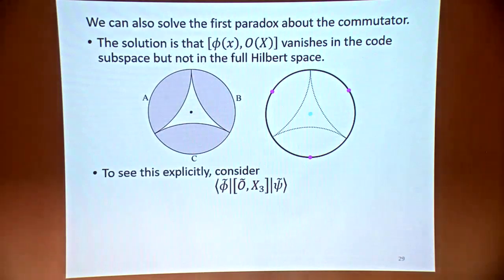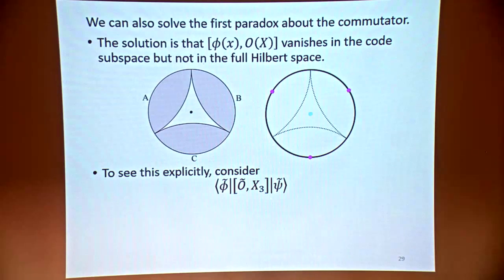We can also see why it vanishes in the code subspace. So in this qutrit model, we can take an analogous commutator of O tilde, some operation on the underlying qutrit, and x3, which is an arbitrary operator acting on, let's say, the third qubit on the boundary, this third physical qubit. And we can consider this commutator.